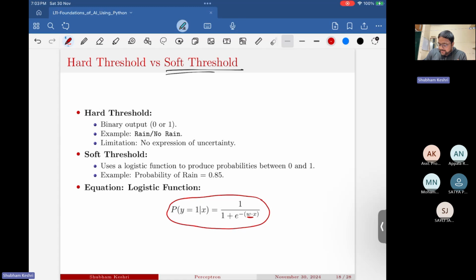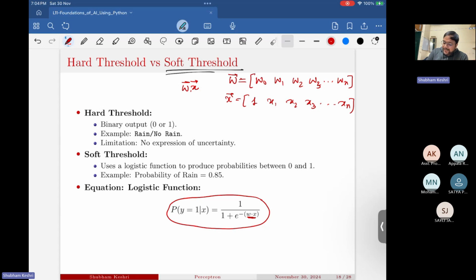And W times X, when I write W times X, these are actually vectors. W is a vector and X is a vector. I should have written it with a dot, so it is a dot product. So it is W0, W1, W2, W3, Wn, and X starts with 1 actually: 1, X1, X2, X3, Xn.